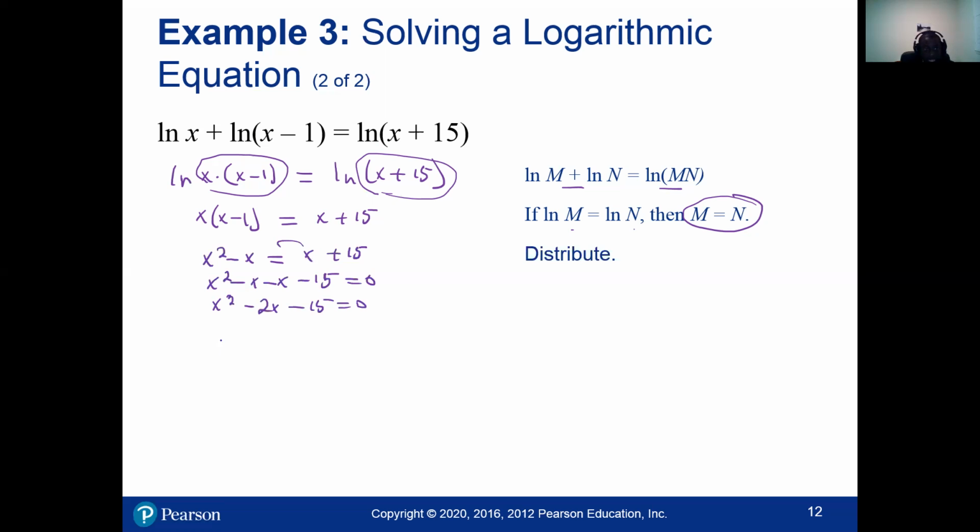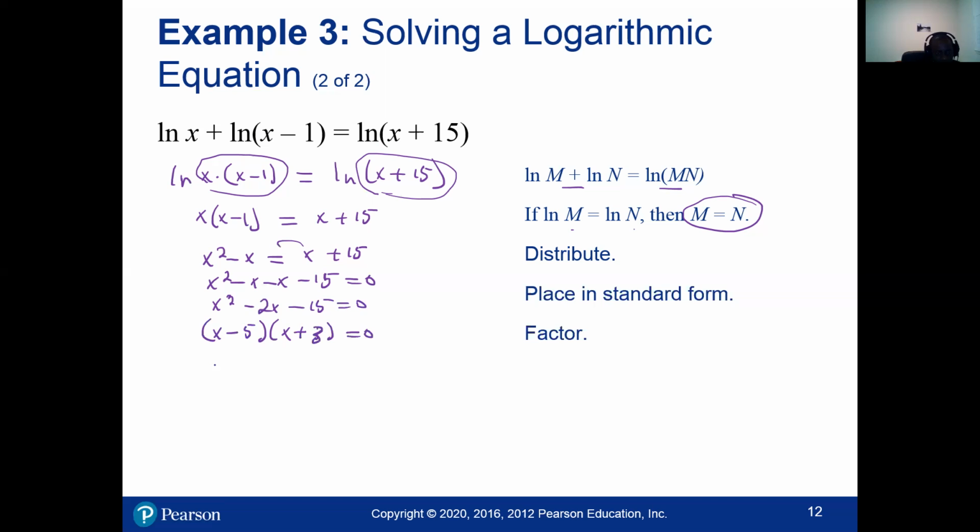All right, then we factor this quadratic equation. We place it in standard form, and then we factor. So that is x, and then x, and then we have two factors of negative 15. When you add, you get negative 2. Of course, that will be minus 5, and then plus 3, equal to 0.